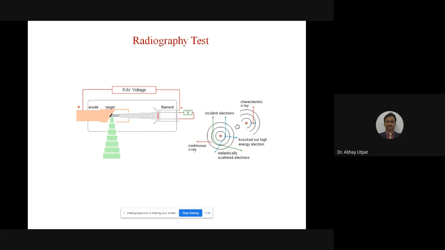Doctors show you the film, even of your complete skull, maybe hand, maybe thigh, maybe knee. Same concept is applied. If you have the unit of X-ray and gamma ray radiography, you can check presence of crack in machines also.